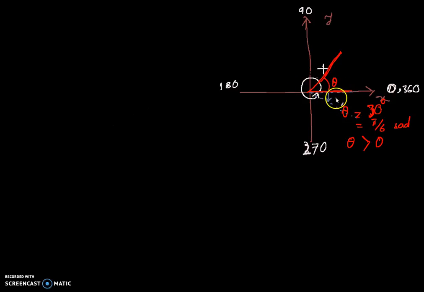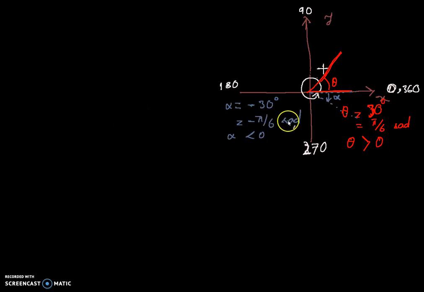In that case you have, let's say, alpha, and alpha is equal to minus pi by 6, or minus 30 degrees, which is equal to minus pi by 6 radians. And here alpha is less than 0. It's a negative angle.